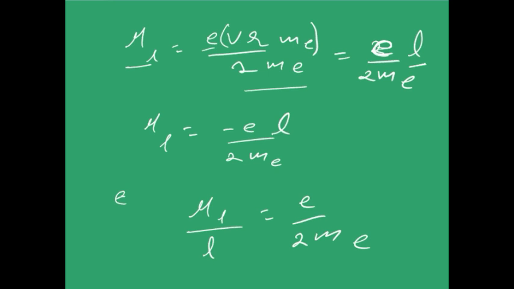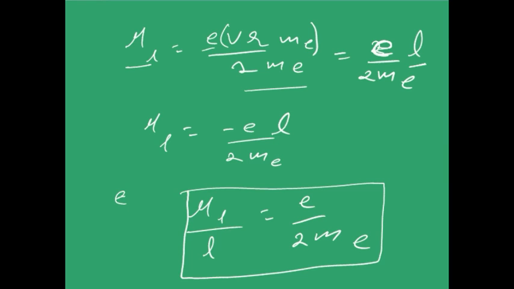By the way, this ratio of magnetic moment to the angular momentum is nothing but the gyromagnetic ratio. And let's move forward. Of course, for an electron, this ratio is found to be 8.8 into 10 power 8 coulomb per kg. Hope everything is clear till now.